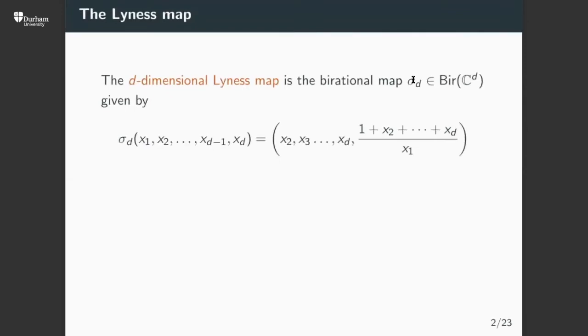The Lyness map is a birational map of affine space. It's defined in terms of d coordinates, and it just shifts all of the coordinates to the left by one, and then the last coordinate becomes the sum of 1 plus x2 up to xd, divided by the first one, x1.